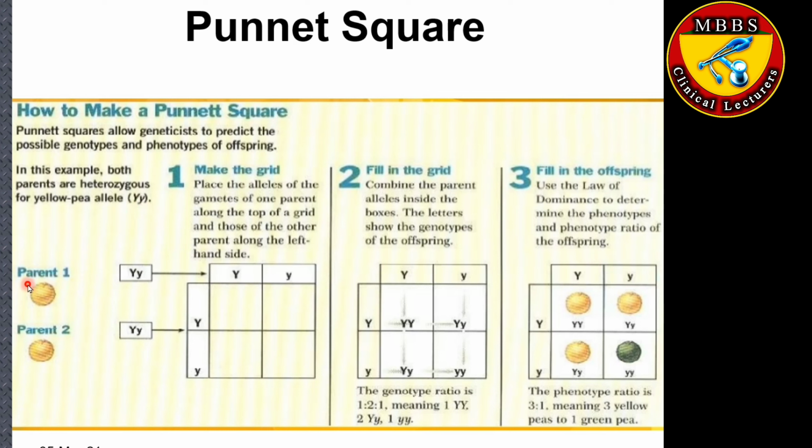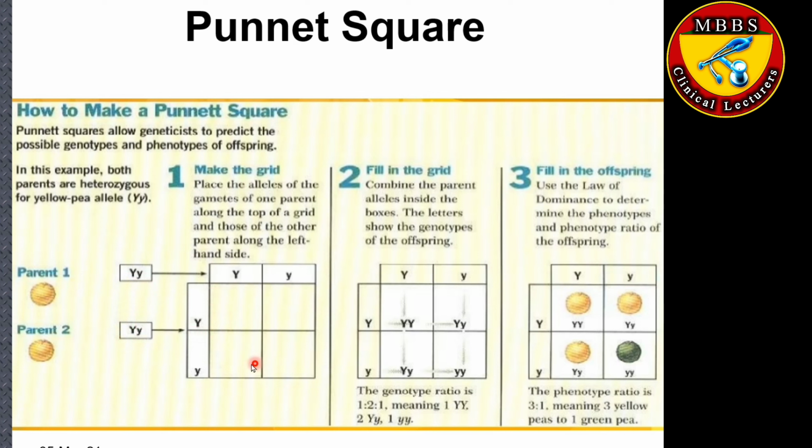So when both parent 1 and parent 2 are heterozygous, they both have one capital and one small allele, meaning one dominant allele and one recessive allele.